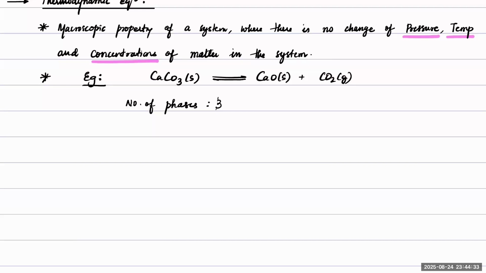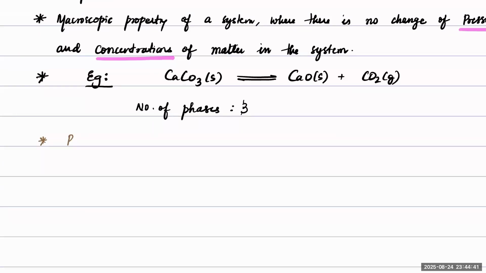Got it? The system is at thermodynamic equilibrium. So, whenever we say that there is a thermodynamic equilibrium, what are the three types of equilibrium we'll notice? One is physical equilibrium, which means between system and surroundings or within the system, there should not be any movement of boundaries which might change the pressure.